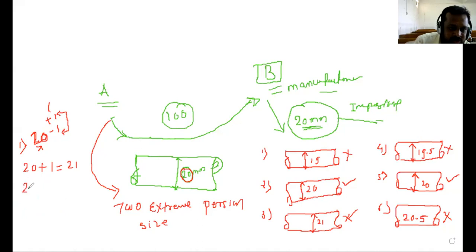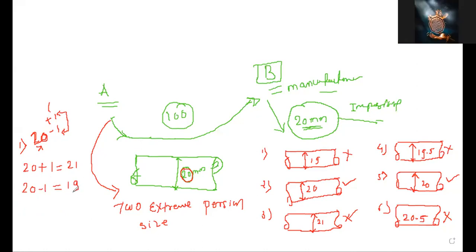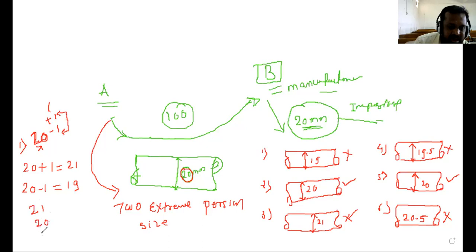And suppose 20 -1, what is this? It is 19. Okay, now see, this range they have given, means this range they have given 21, 20 and 19.